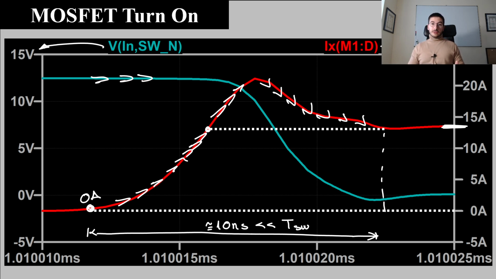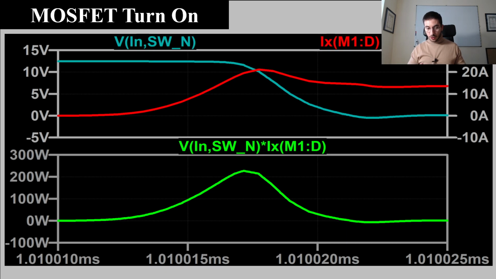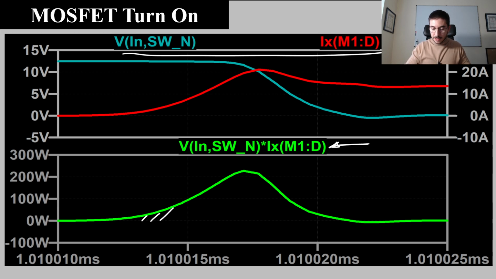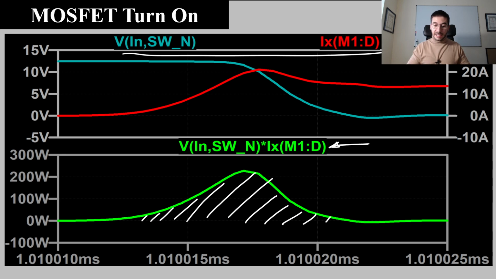So what we can do now is to apply the method that we saw in the previous video in order to evaluate the power consumption during the turn on. We keep the waveforms as a reference here, and we draw here the instantaneous power during that interval. According to the method, what we have to do first is to evaluate this integral, which is the energy of the turn-on process.